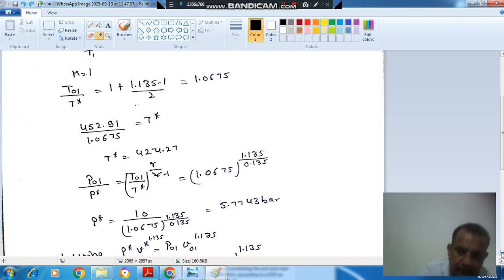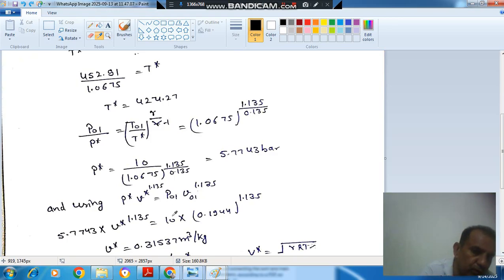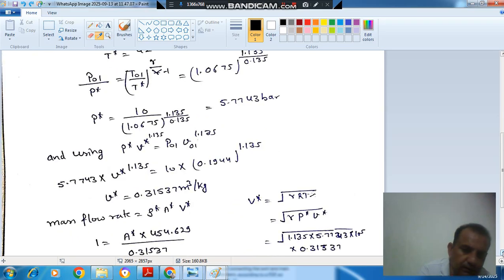Now again there is a relationship between pressure and volume for isentropic process, that is PV raised to the power gamma, with gamma 1.135. Now we know v naught 1, P naught 1, and P star, so we can find small v star, that is the specific volume, which comes as 0.31537 meter cube per kg.